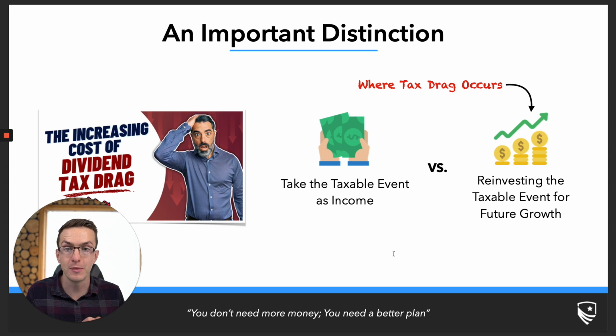And so whether it's from a dividend standpoint or whether it's from turnover of your account, if you're taking that turnover, that taxable event, or you're taking that dividend as income, there is no tax drag. There's only tax drag that occurs when we're reinvesting that for the future. And the reason being, again, is because you're taking that taxable event, you're paying out taxes, and you're reinvesting less.